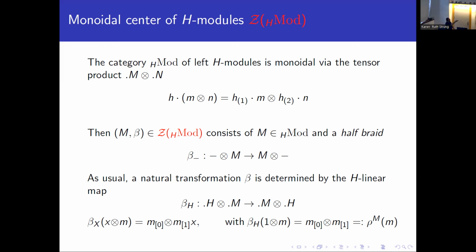In general, for any X in H-modules, the half braiding beta is given by the following map. And here we can see that if we want to recover the coaction on the Yetter-Drinfeld module, the coaction on M is defined by taking the map of 1 tensor M using beta of H.